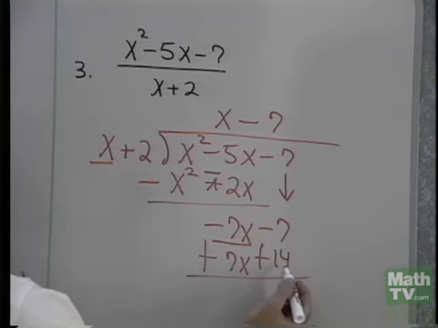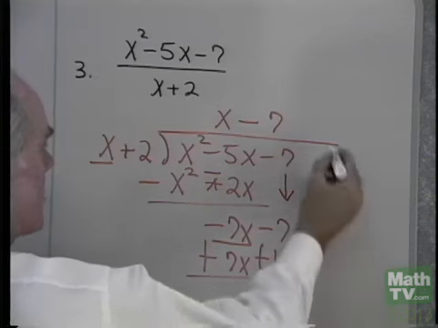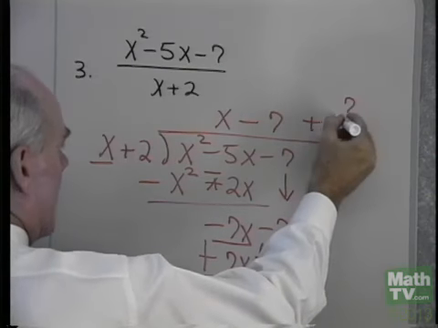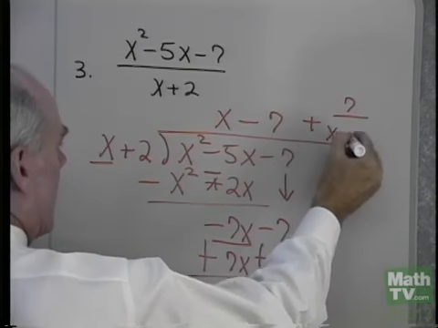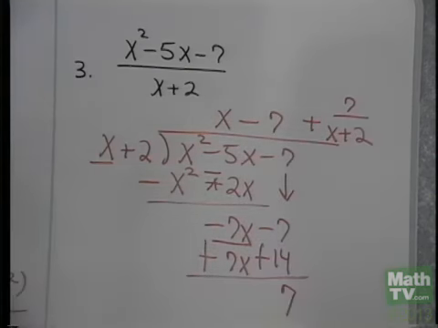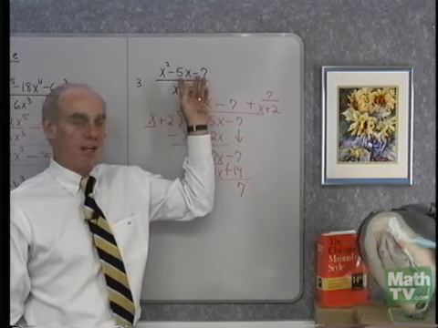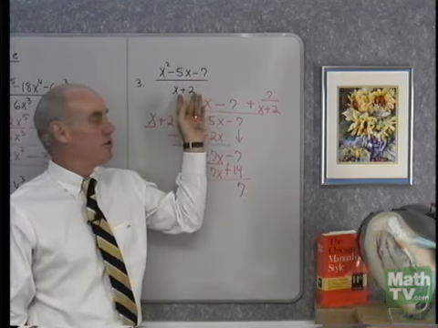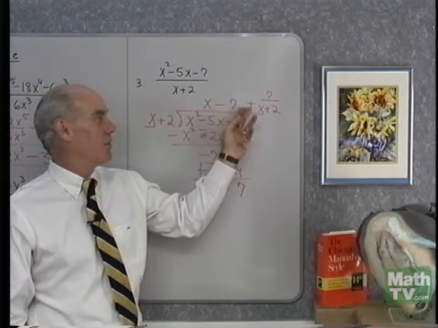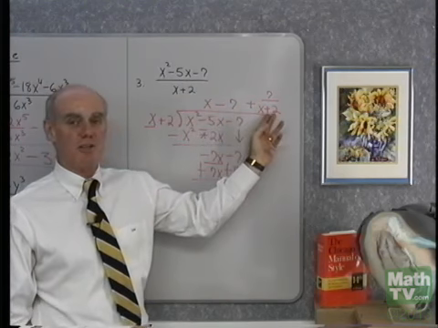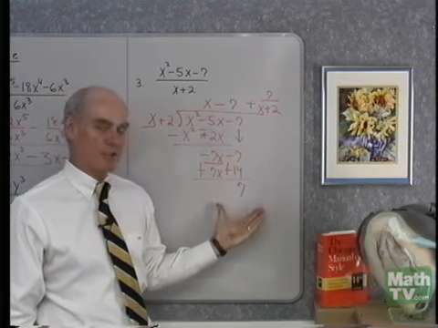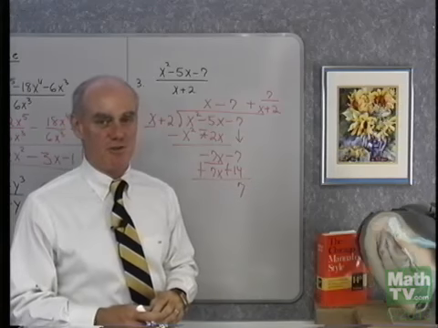Negative 7 plus 14 is going to be positive 7. There's no other terms to write down, so I write this as another 7 divided by x plus 2. So x squared minus 5x minus 7 divided by x plus 2 is x minus 7 plus 7 over x plus 2. And that division process looks like this, very similar to long division with whole numbers.